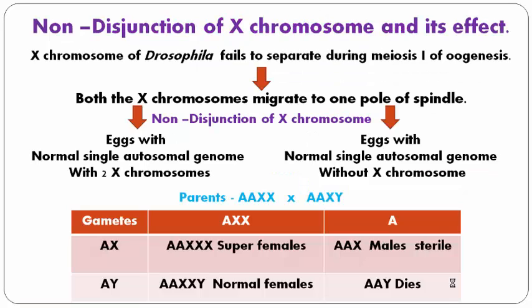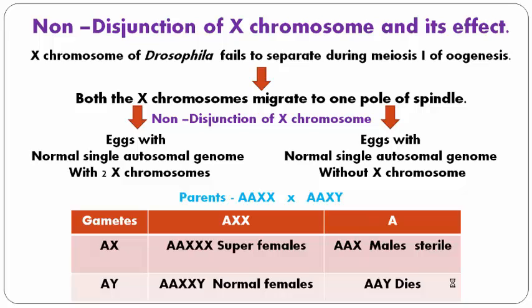The offspring which receive only the Y chromosome and no X chromosome will die naturally. The abnormal meiosis may also result in non-disjunction of the autosomes and the sex chromosomes, forming diploid gametes.